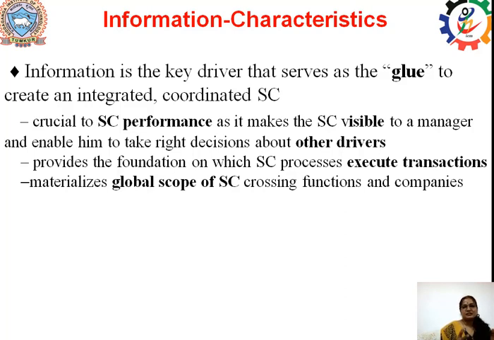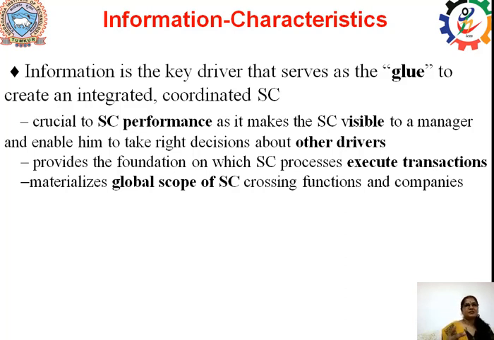If these data are not available, then the manager may take the decisions, but that will be blindly. Hence we say information makes the supply chain visible to the manager. It will give the exact status of the supply chain at a particular moment to the manager, and also enables him to take the right decision about other drivers.